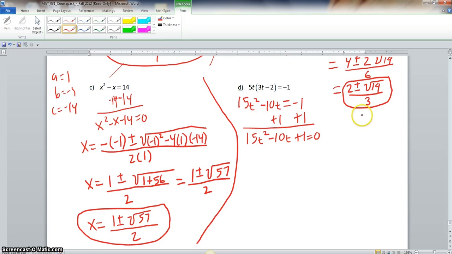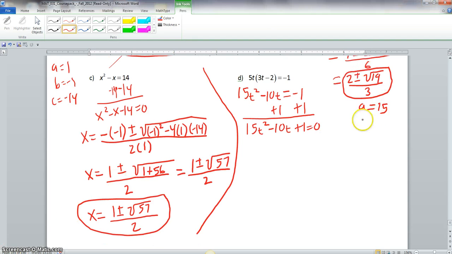Now we list our a, b, and c. Our a is 15. Okay, now we have b is equal to negative 10 and c equals 1. Now we go through and substitute. We have x is equal to the opposite of negative 10 plus or minus the square root of negative 10 squared.